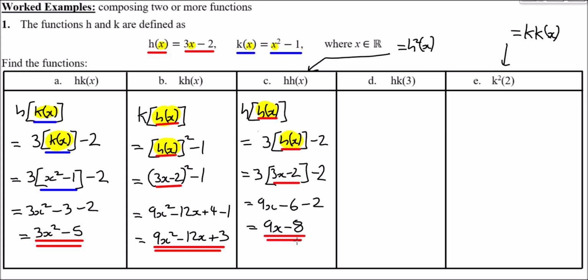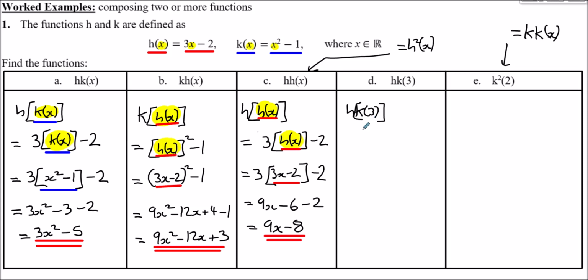Next, hk of 3. So this time, we're doing h of k of 3. h takes the input, triples it, then minuses 2. We can work out what k of 3 is first of all, which might be a slightly easier way of doing it. If you've got an actual input to use, I suggest we just work out k of 3.